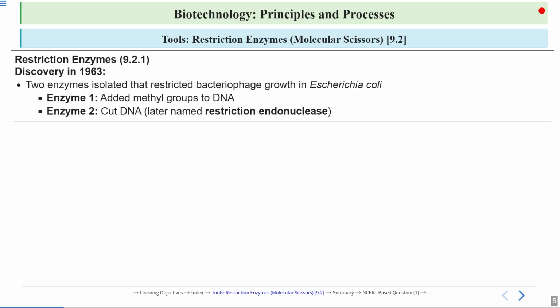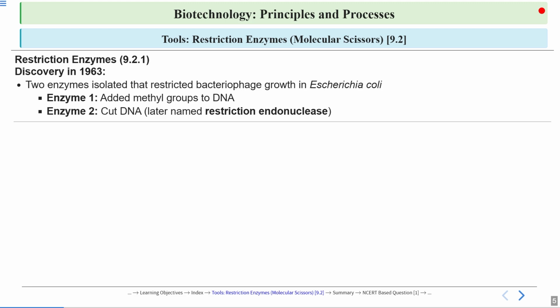So scientists saw that the growth of this bacteriophage genome suddenly stopped in bacteria. The question arises, why does it happen? What is the reason? They saw that there are some enzymes making this possible.